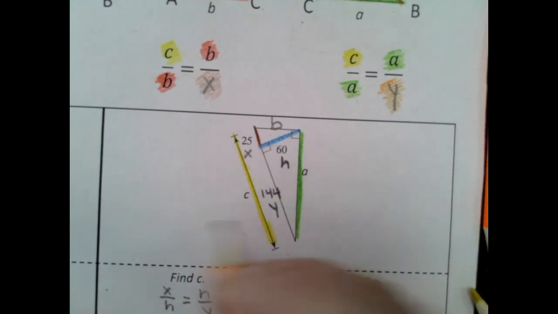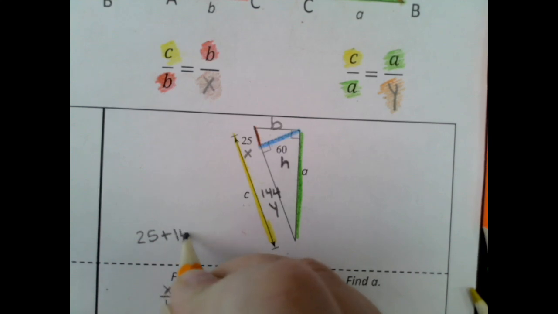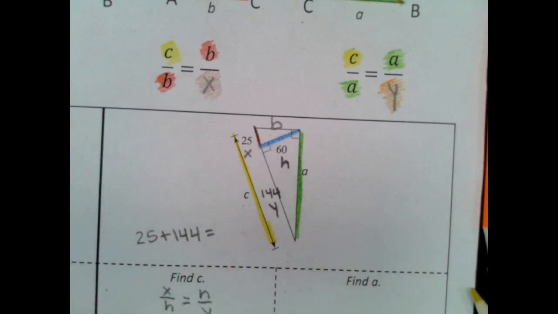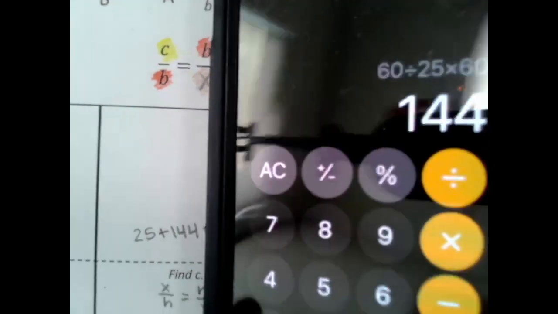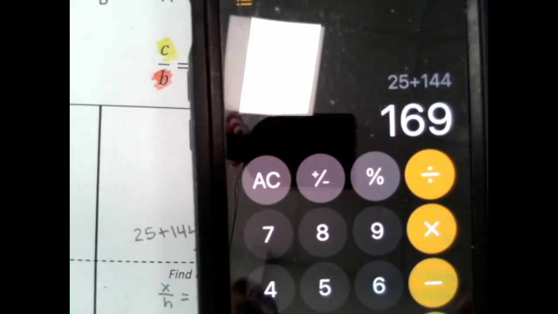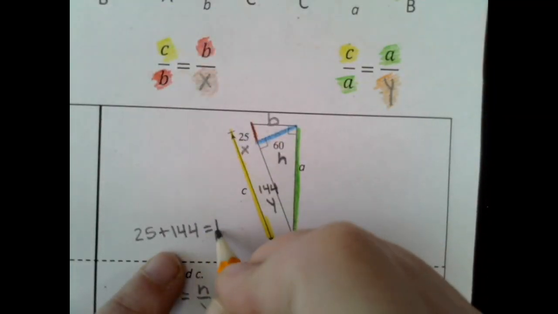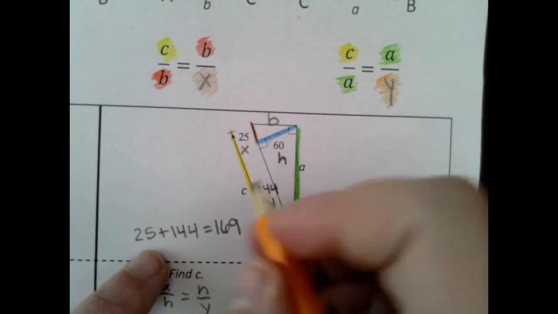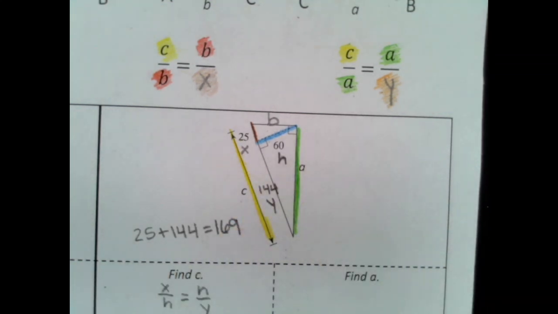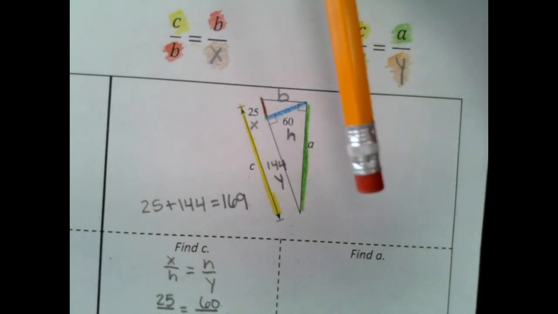So 25 plus 144 is 169. So C is 169. In order to find C, we actually had to find Y first.